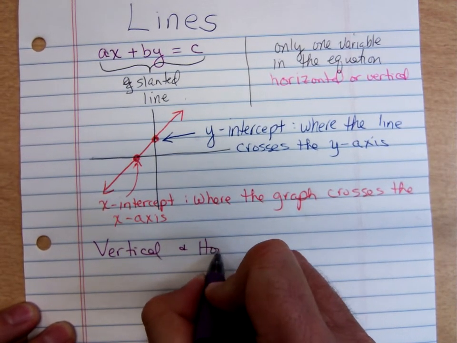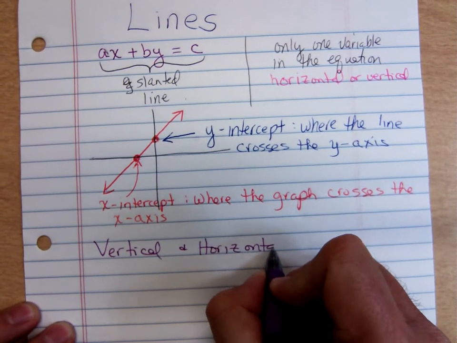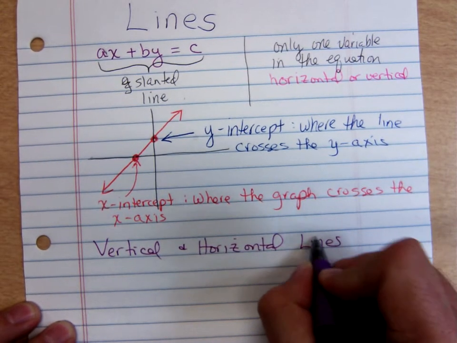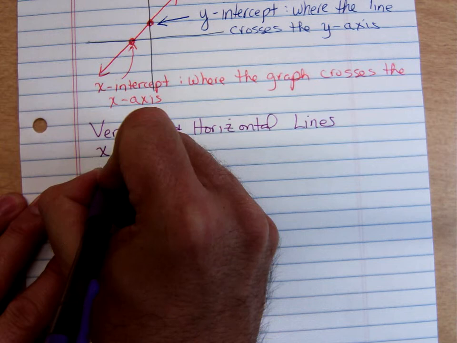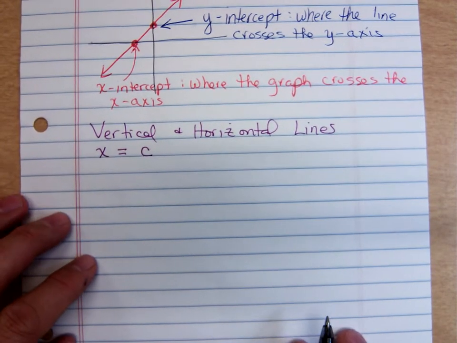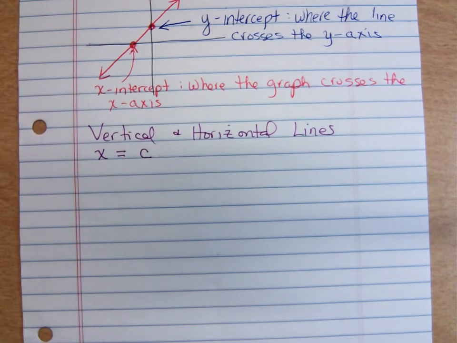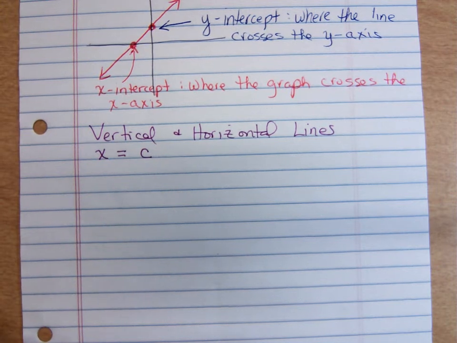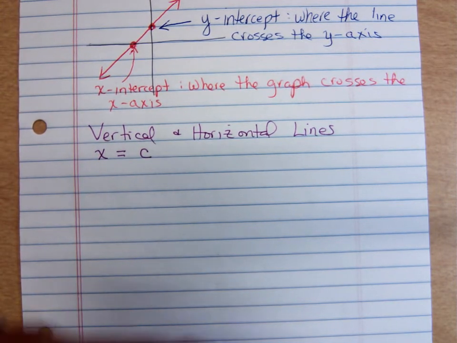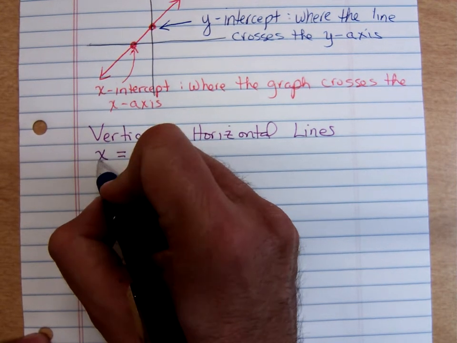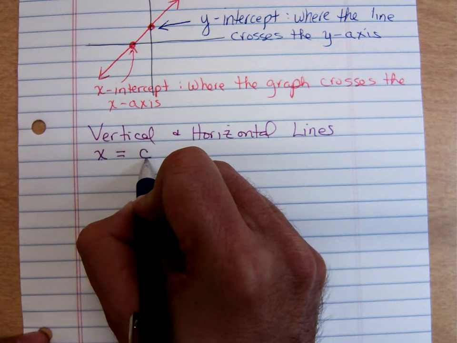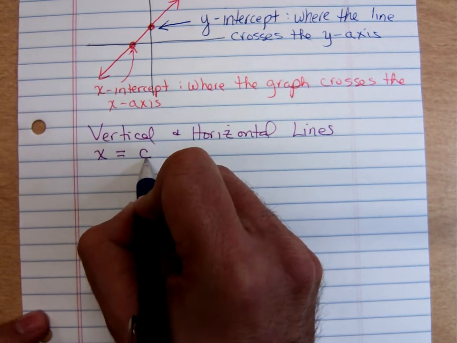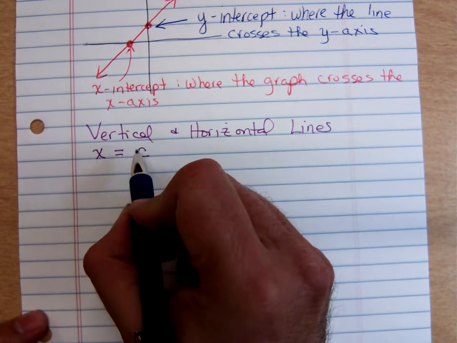If you have an equation in the form x equals some number, it's not a slanted line. It's either vertical or horizontal. So, what is it? Well, it's crossing through this axis at that number. It's a line that passes through the x-axis at this number.